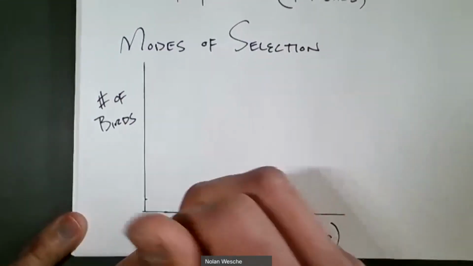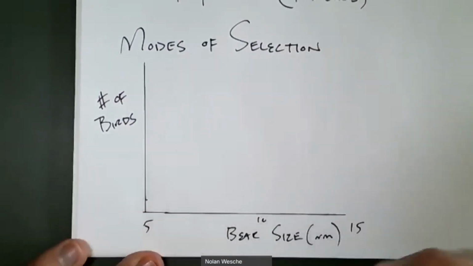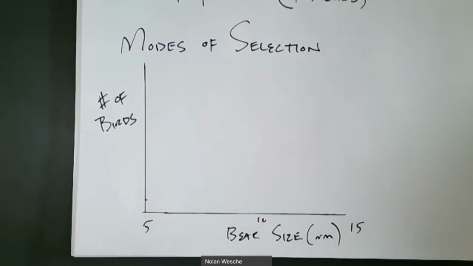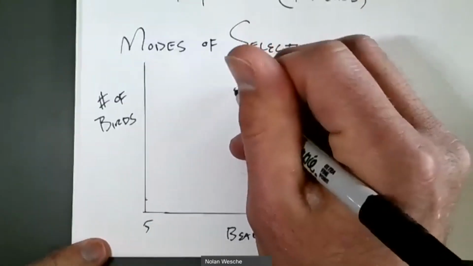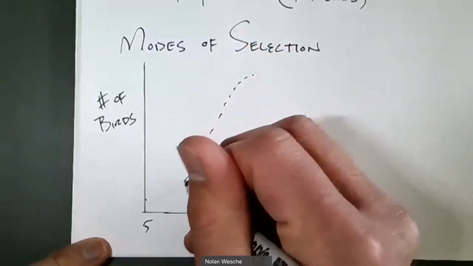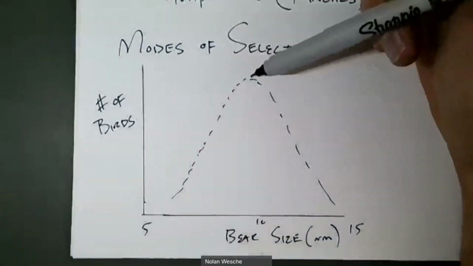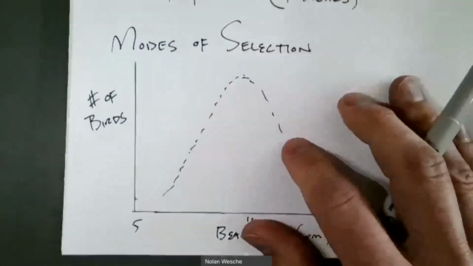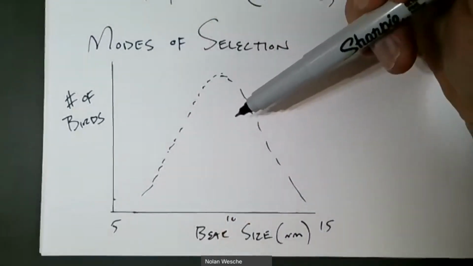And then we have a beak size that can range anywhere from like 5 to 15 with an average size of about 10. And let's say that we've got a population on an island in the Galapagos that kind of has just a normal distribution, kind of a bell distribution, where the average is right around 10. So let's say these finches have a mean beak size of 10.